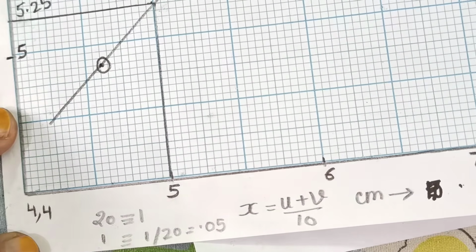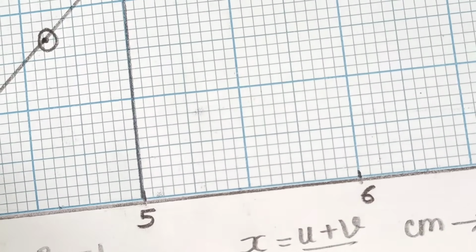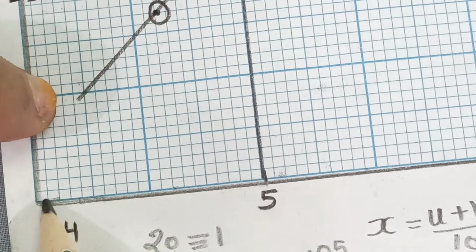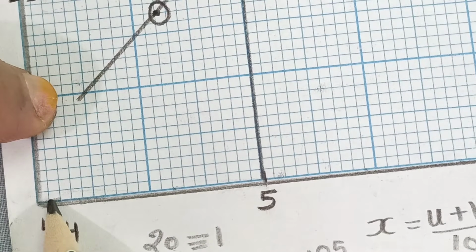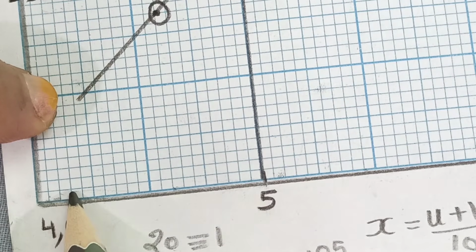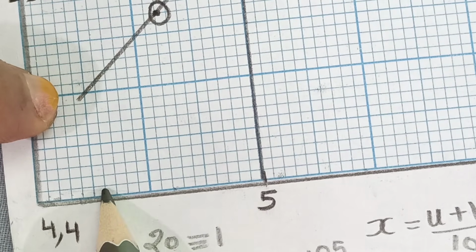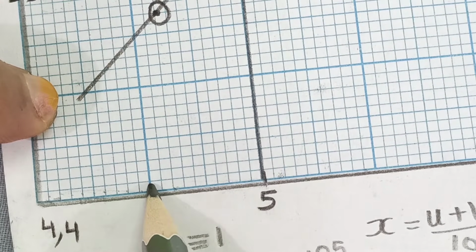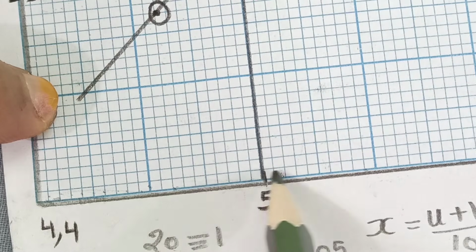You just observe how we read the graph. According to our scale, this is 4.05, then 4.1, 4.15, 4.2, 4.25, 4.3, 4.35, 4.4, 4.45, 4.5 and so on.